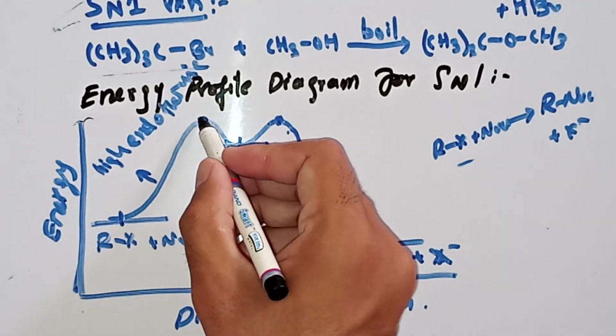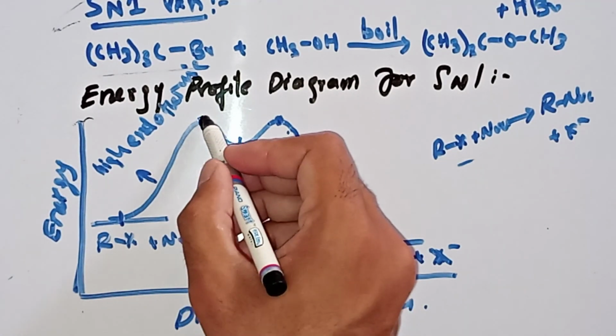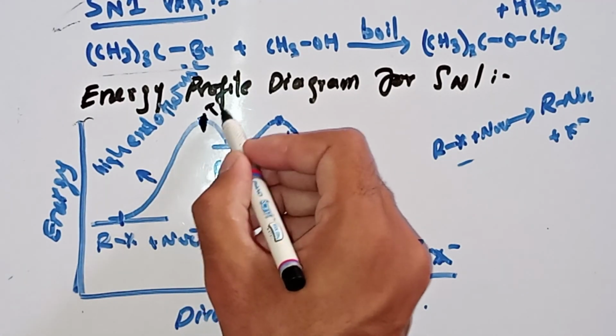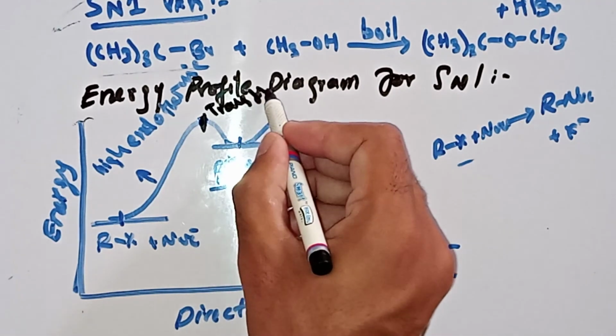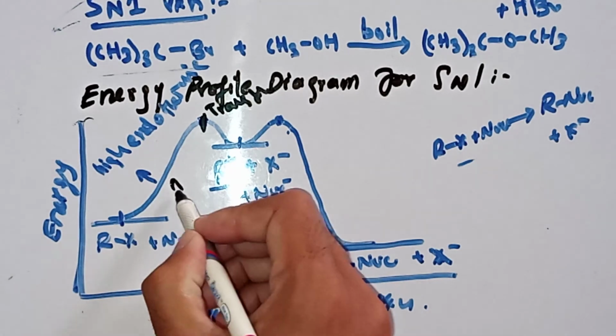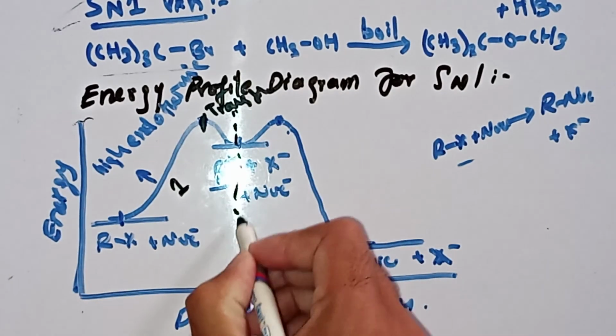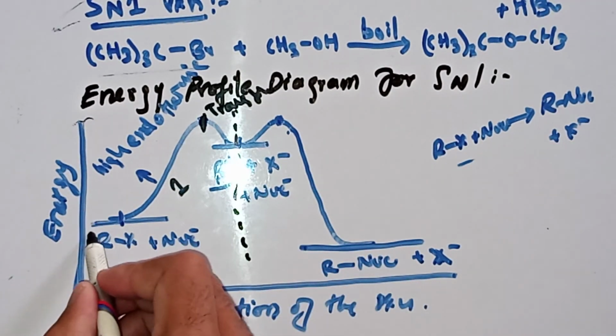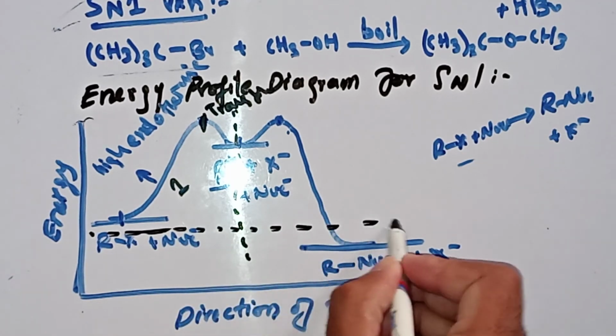This is the first transition state, and the first transition state has very high energy. This is the first step, while this is the second step.